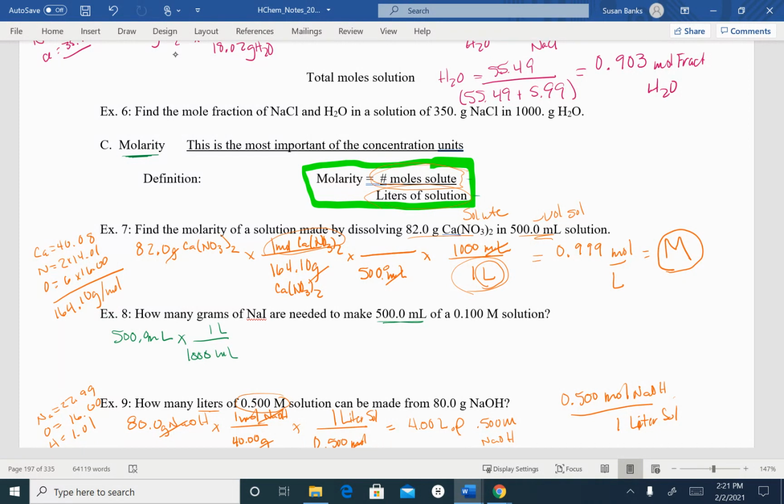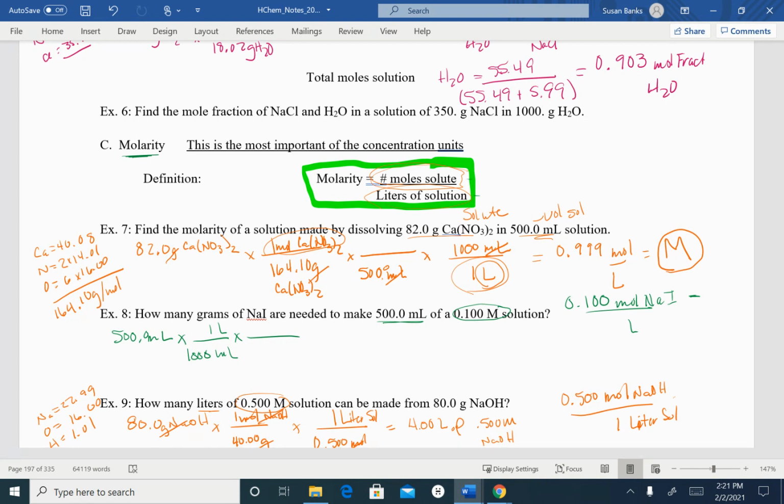And then can I use this concentration? I've got a concentration of 0.1 moles of sodium iodide in 1 liter of solution. I can use this concentration that I've made over here to cancel out my liters.